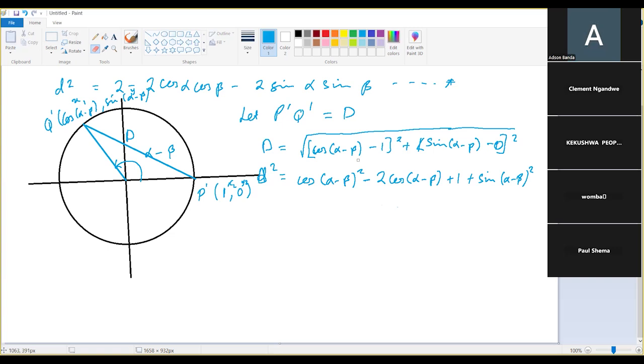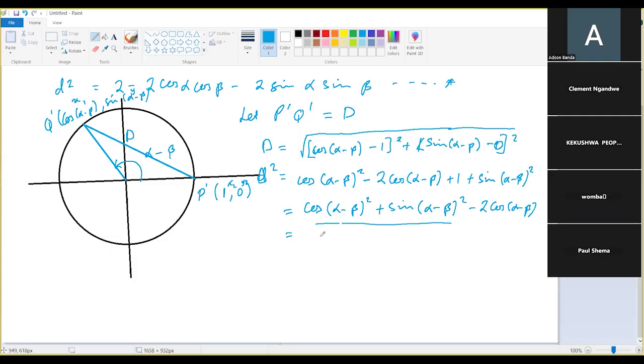Right, so when we expand, of course, what we are going to get is what we have here. And then moving on, we have that d squared will be equal to the cosine of alpha minus beta all squared plus the sine of alpha minus beta all squared minus 2 cos alpha minus beta. Right, so the first one is an identity.